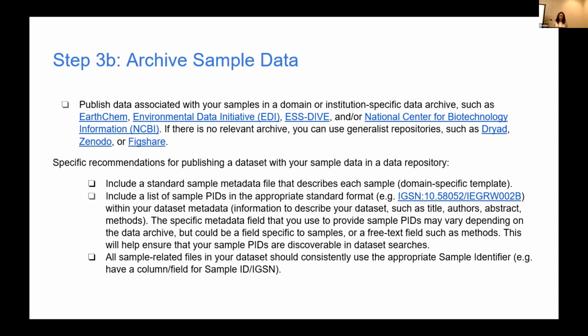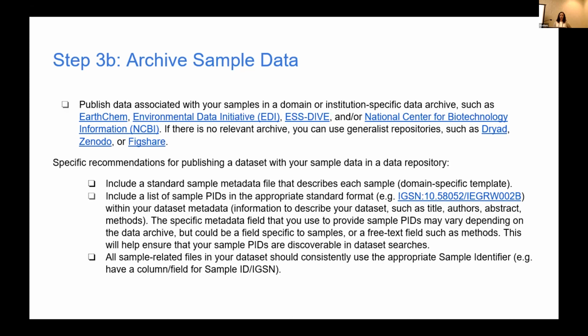So as I mentioned, when talking about metadata, we want you to include a standard sample metadata file that describes each sample using a domain-specific template, if possible. And include a list of the sample PIDs in the appropriate standard format within your data set metadata.